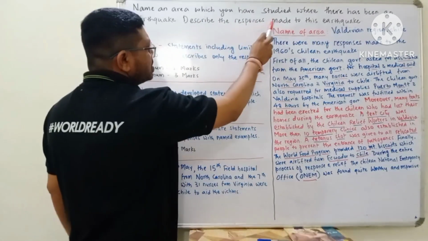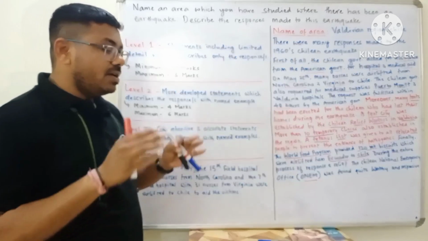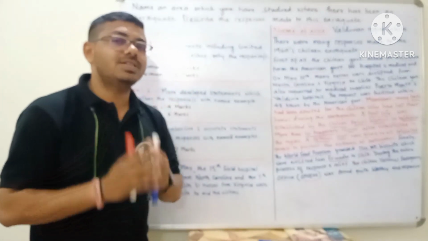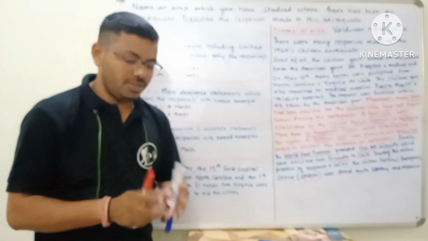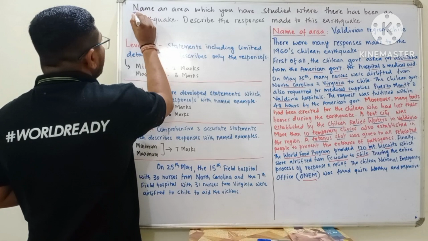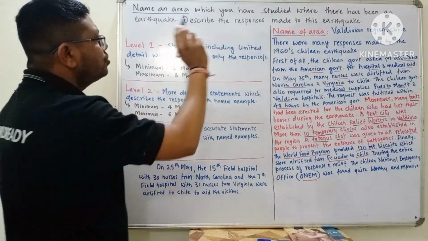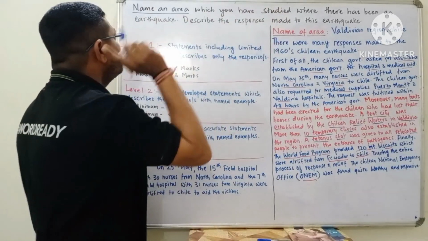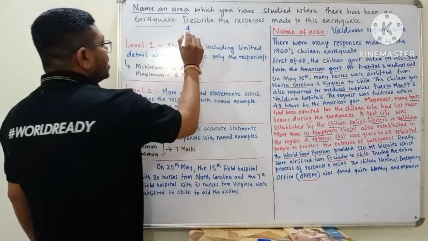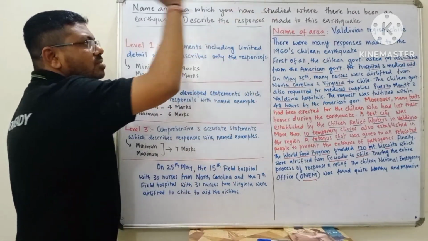Describe the responses made to this earthquake. So whenever you see any case study question, first of all try to understand what is being asked in the case study question. Here it is about the name of an area, an area which you have studied where there has been an earthquake, and describe the responses made to this earthquake.